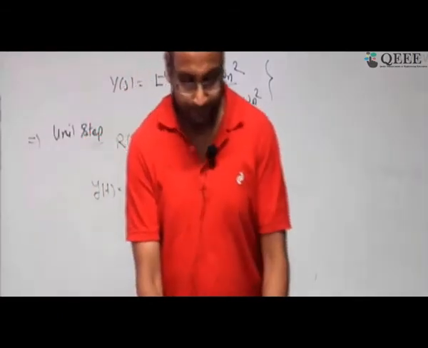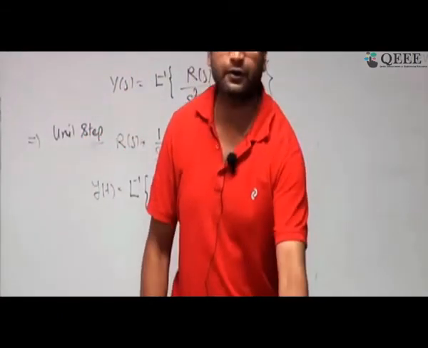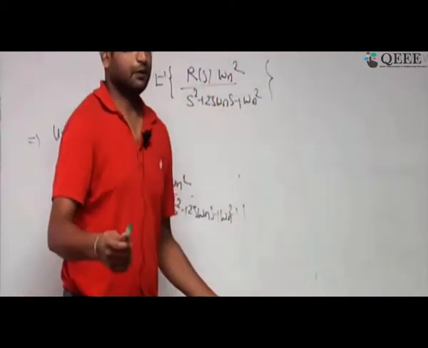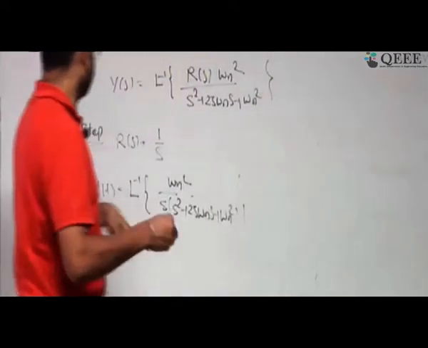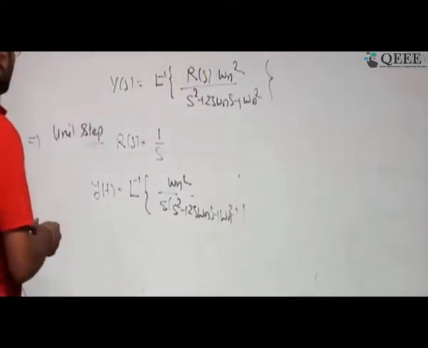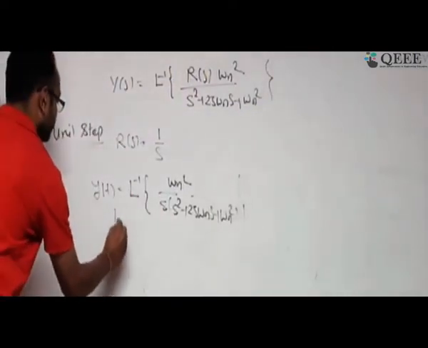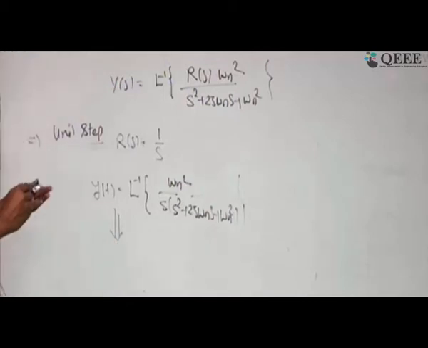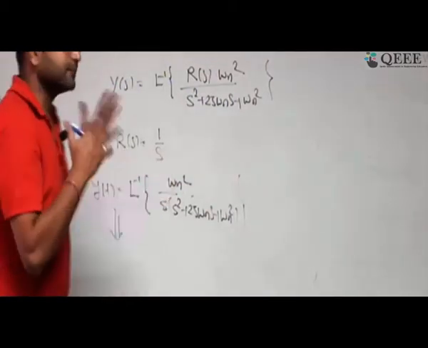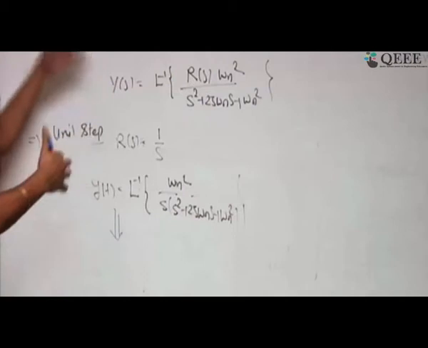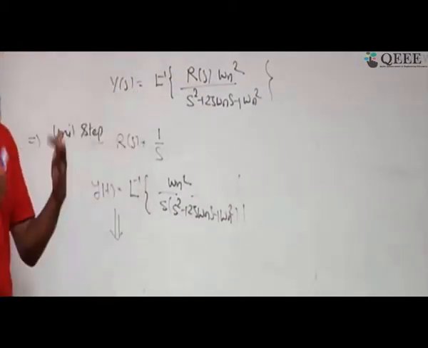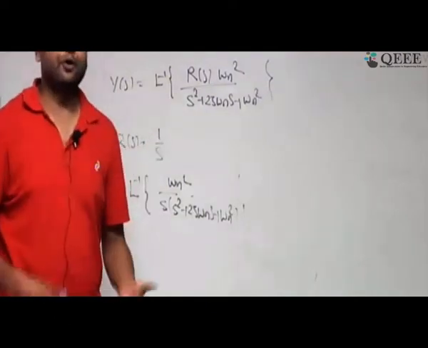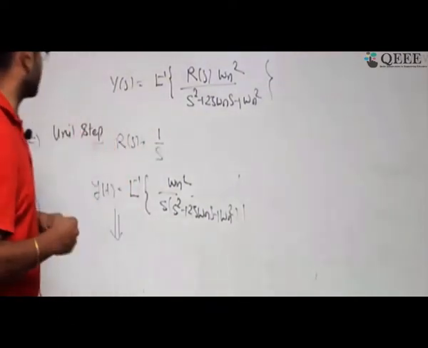Okay, so here for finding the inverse Laplace transform, I am using the result directly because I don't want to spend time on solving this mathematical equation. It is a standard thing. It is given in the M. Gopal book and several other books. So I am just writing it.